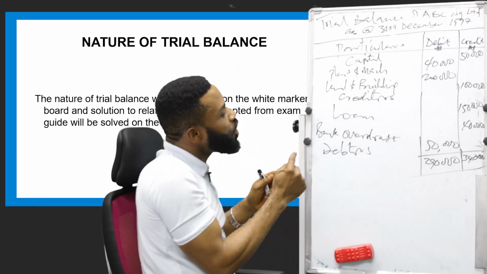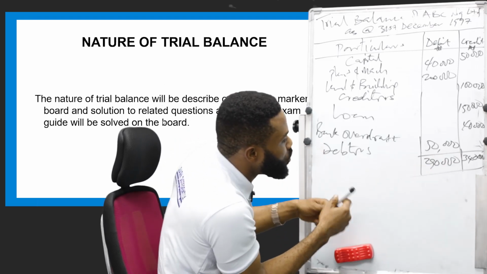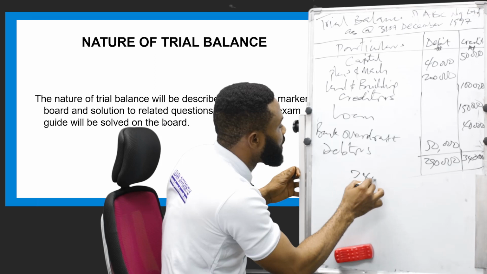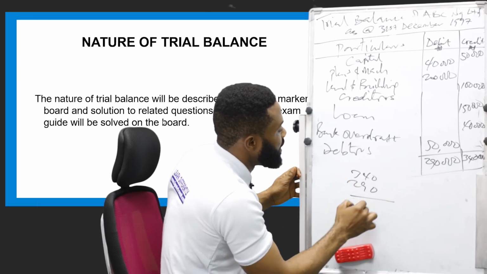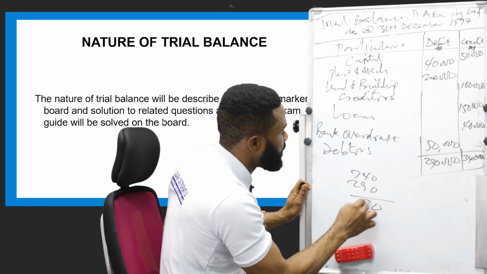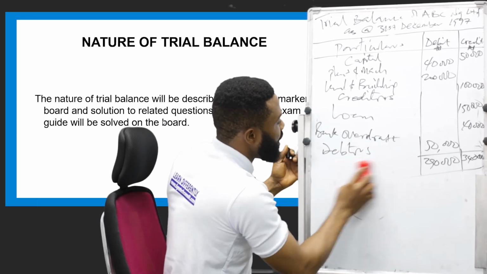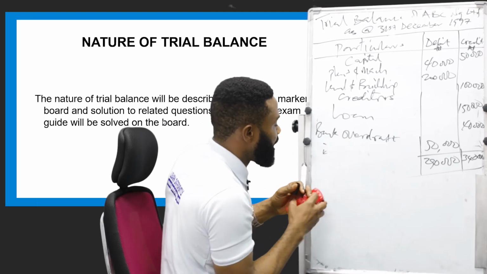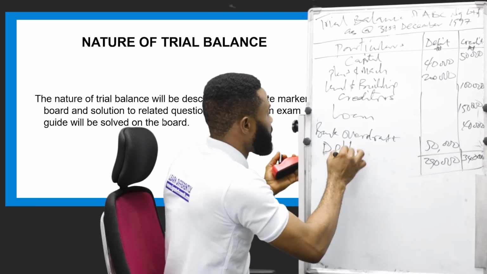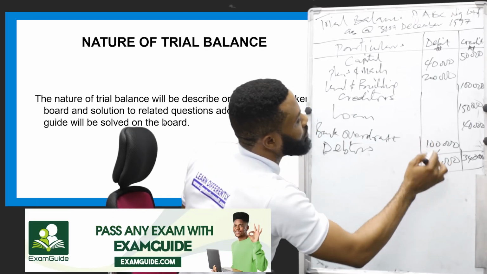This side. Now, if we want to make this side equal, let's assume that probably the difference between this 340 and 290, the difference is just 9. This is 15. This is 5. The difference is just 50,000. Let's assume that our debtors here is 100,000.